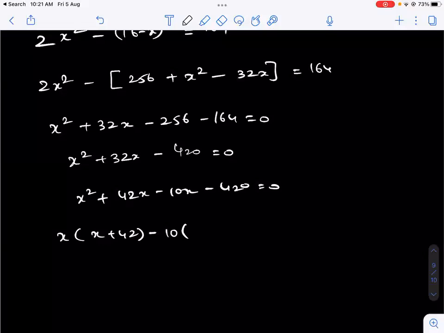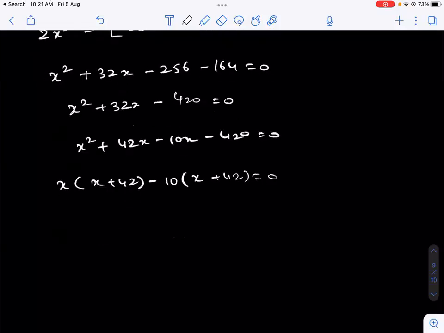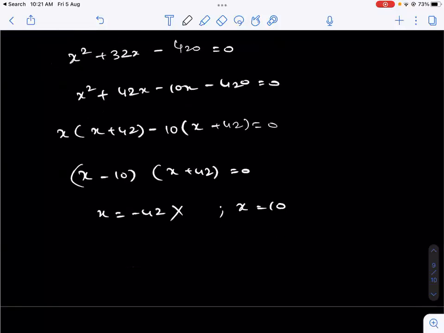Sorry, that is what I was thinking. I thought both the values will come from this. Okay, x plus 42 is equal to 0. So x minus 10 into x plus 42 is 0. So x is equal to minus 42 is ruled out. Okay, and x is equal to 10. So if x is equal to 10, obviously 16 minus x will be 6.